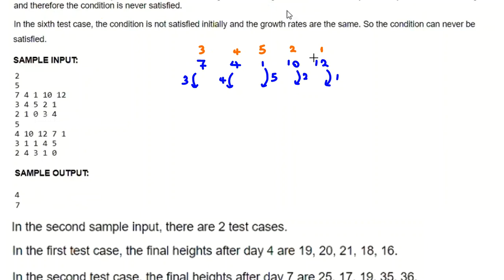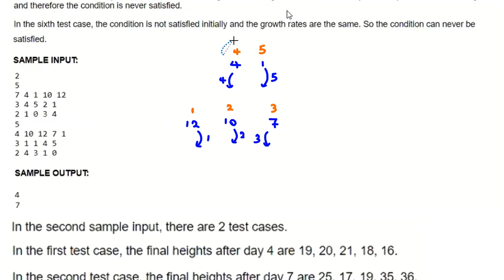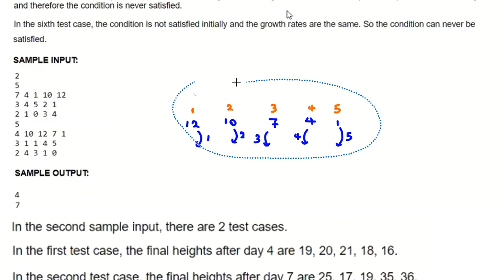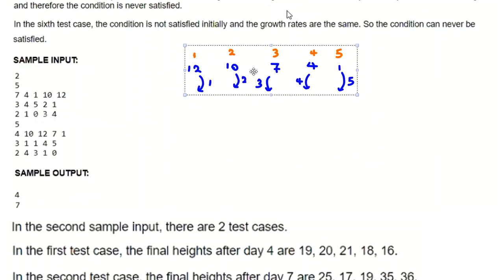When I want to solve this one, I sort these numbers with respect to these orange numbers, to the order that I want to reach. I consider this one as first, this one as second, this one as third, this one as fourth, this one as fifth, meaning the greatest one.